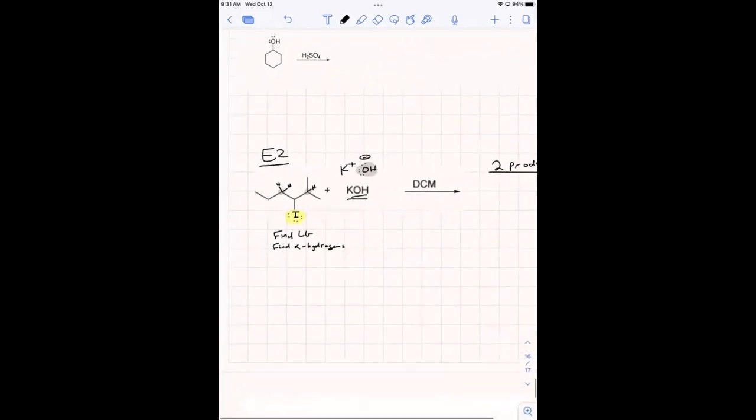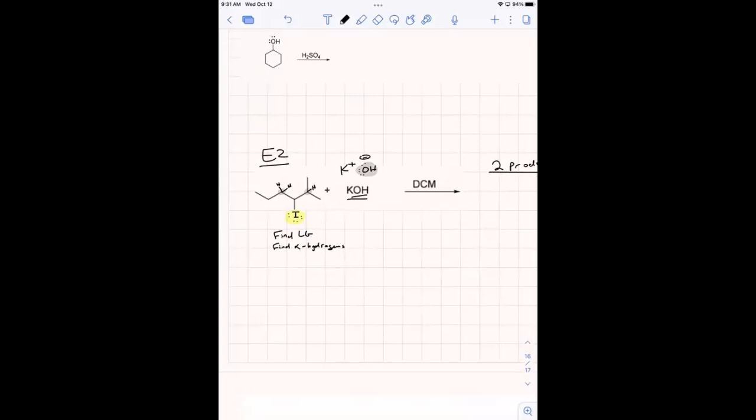And this is a competition. One of the products is going to be favored over the other, right? Anybody remember that phrase that we use when we talk about product formation, and if there's a ratio of products and or a certain percentage of one product and a percentage of the other product? Anybody remember that phrase?